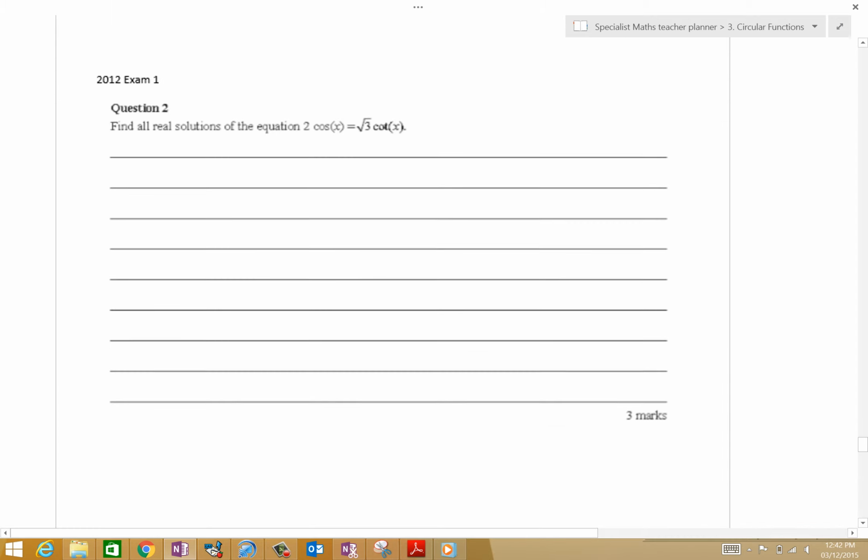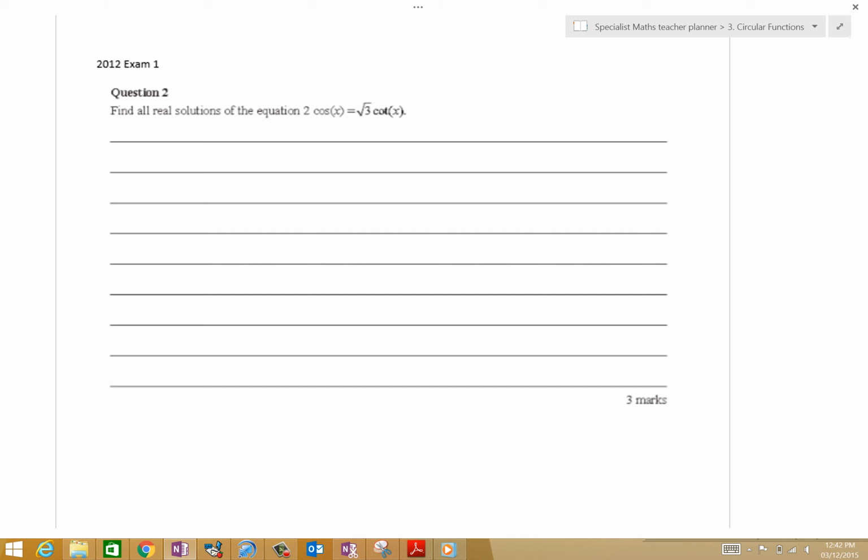All right, before we go, I wanted to go through this question. Now, importantly, have a go at this question, please. All right, I'm going to do this as quickly as I can. How does that sound? Just remember that you can't do cancelling when you're solving trig equations.